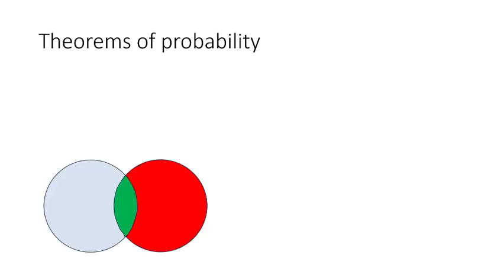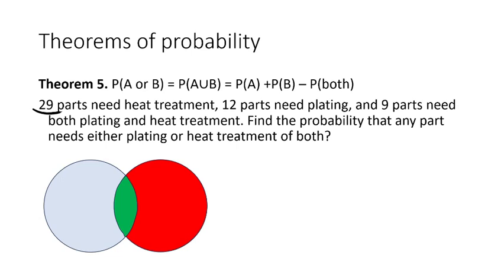Now let's solve a problem. Say that we have 29 parts that need heat treatment, 12 parts need plating, and 9 parts need both plating and heat treatment. It is like the language problem. Some know Spanish, some know French, and some know both. So 29 need heat treatment and 9 need both.